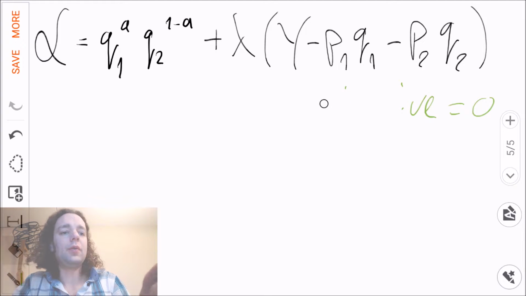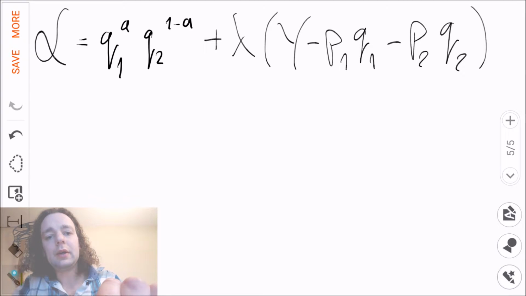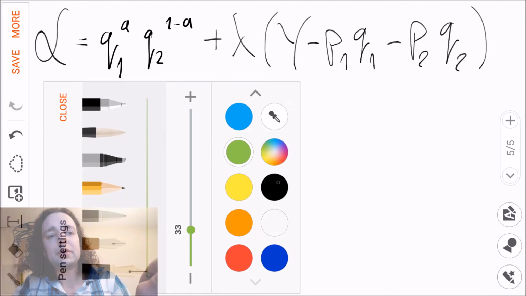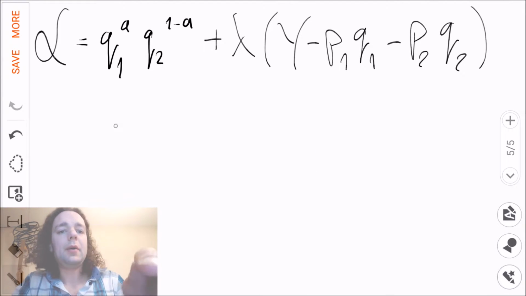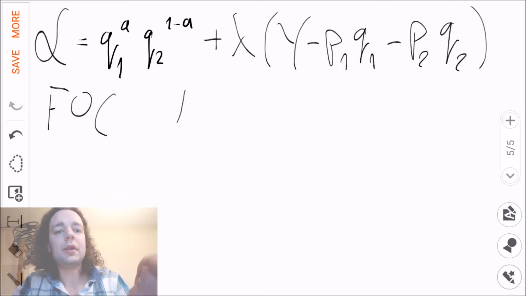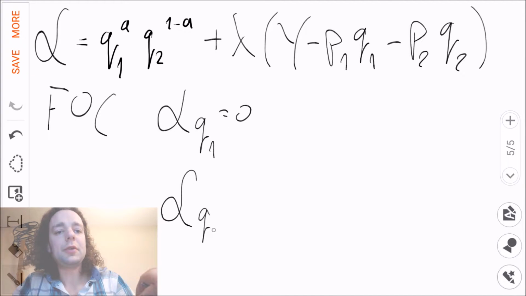So we know what we have to set to 0. Okay, and now we get 3 first order conditions. We get the first order condition that the Lagrange with respect to q1 equals 0. We get the first order condition that the Lagrange with respect to q2 equals 0.